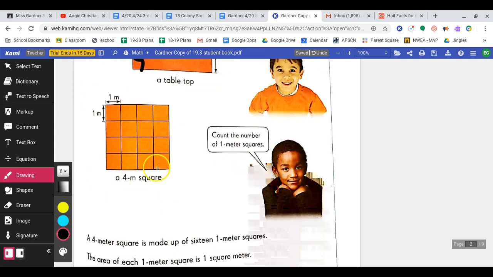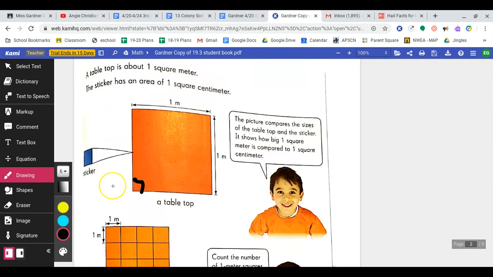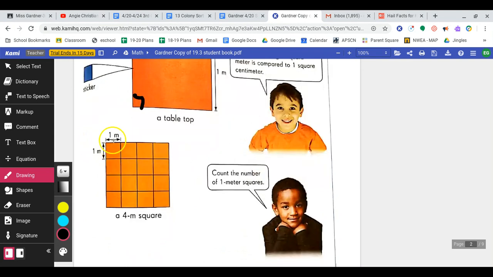Okay, here is another square, which says that it's 1 meter this way. Imagine it's several times larger than the tabletop, but we're carefully looking at it being 1 meter this way. So let's count how many meters across it is and how many meters long it is. We have 1, 2, 3, 4 meters across, 1, 2, 3, 4 meters down.